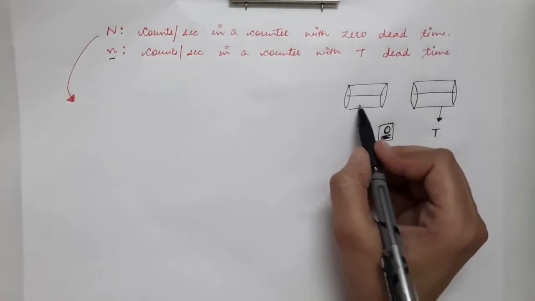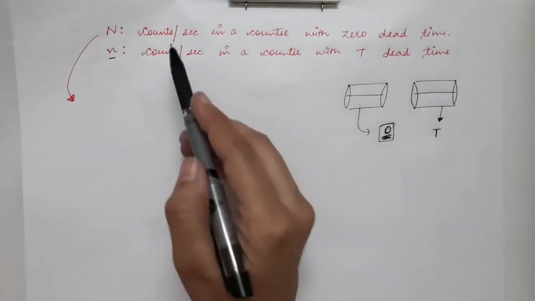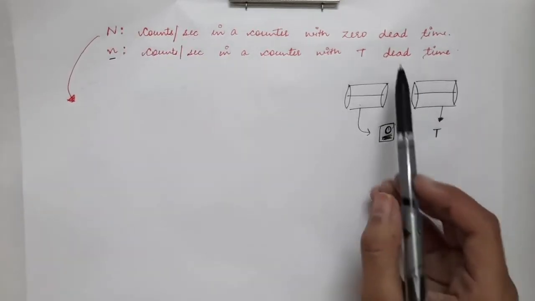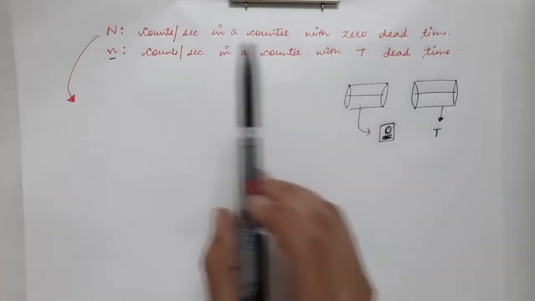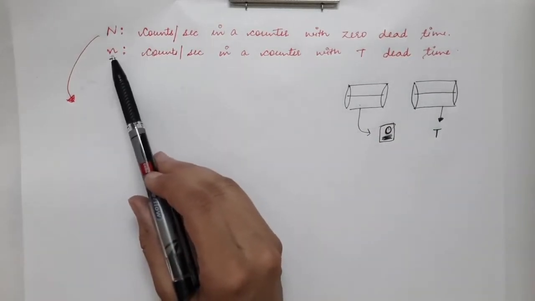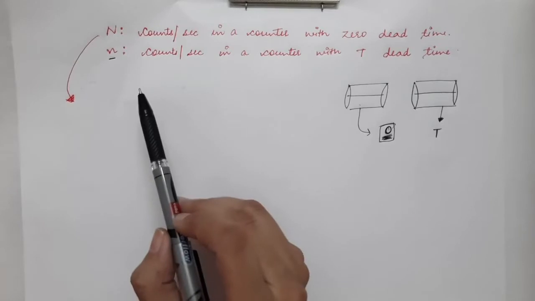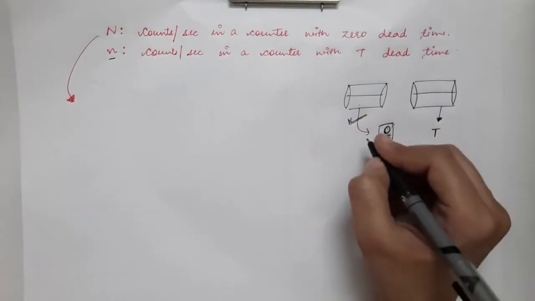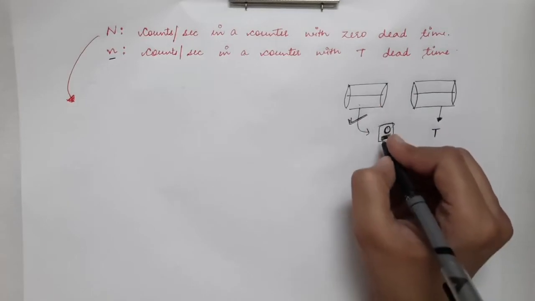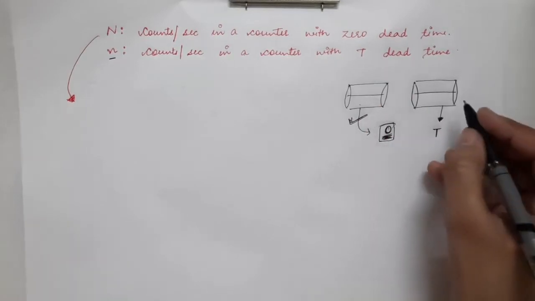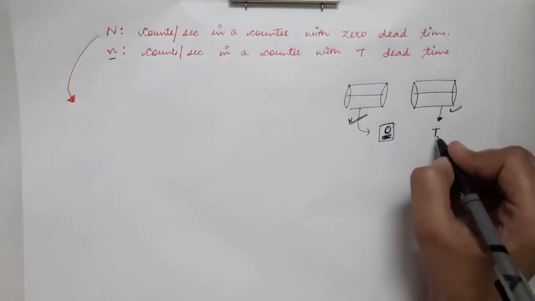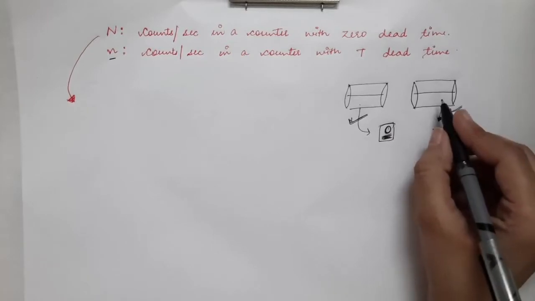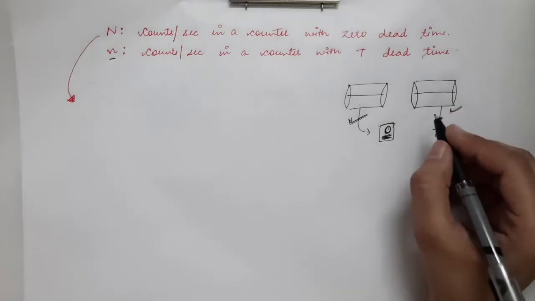Let's say the GM tube with 0 dead time counts capital N pulses in 1 second, and the other GM tube, which has T dead time, counts small n pulses in 1 second. Obviously the GM tube with 0 dead time counts more pulses in 1 second. But the GM tube with a dead time of T is insensitive for T time to any particle which is entering.